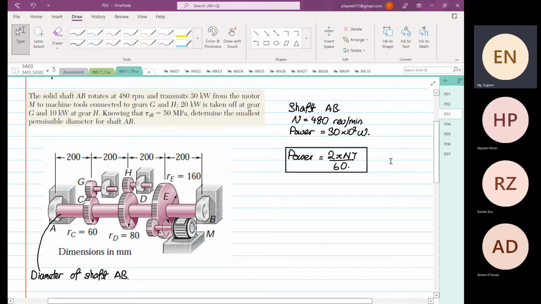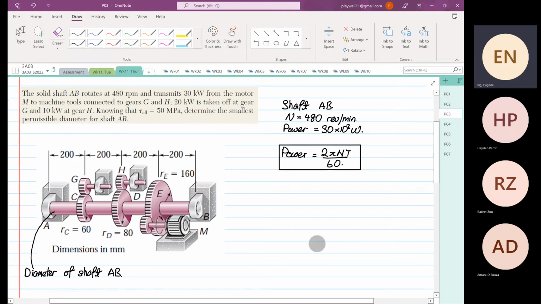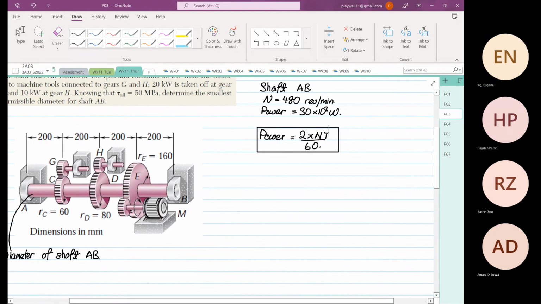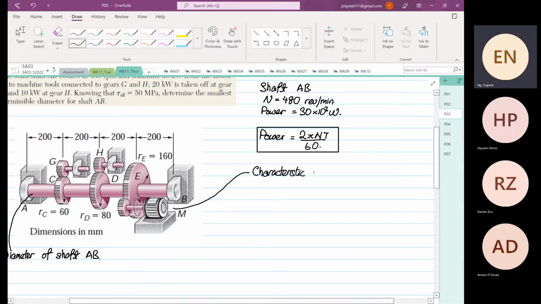And I'm going to draw why this is critical, okay? So we are going to look at the characteristic of a motor.